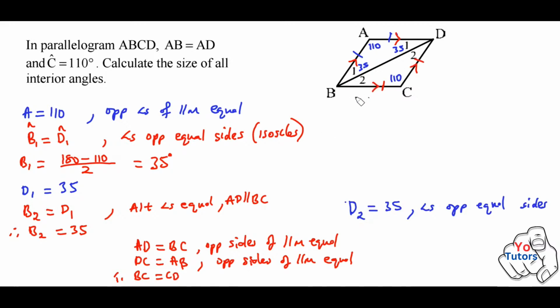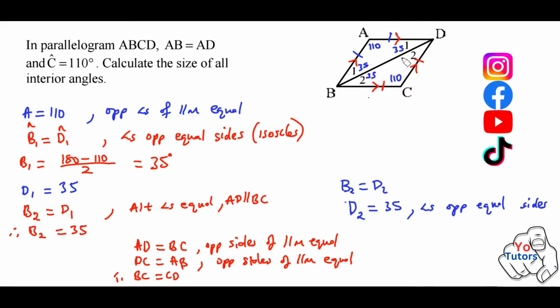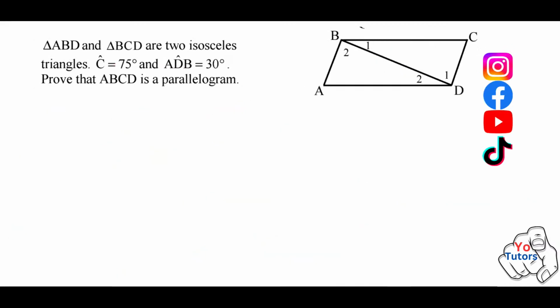That's what we mean by that. So in this case, we just proved that B2 is equal to D2. That's what we need to know. So now we have all the angles that we wanted. So 35, 35, and also 35. That's what we have done there.